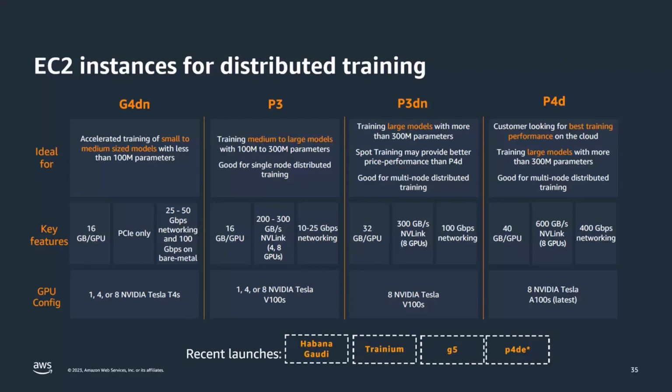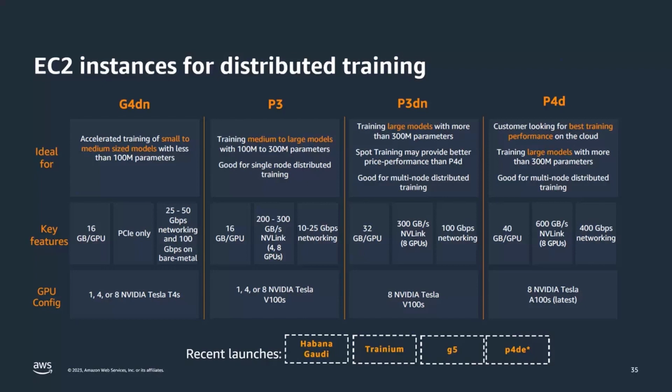Listed here are the most popular ones, from the G4DN all the way to the P4DN. Some are ideal for small to medium sized models, and some more for larger sized models. They have their own different key features, and of course the prices are also different.